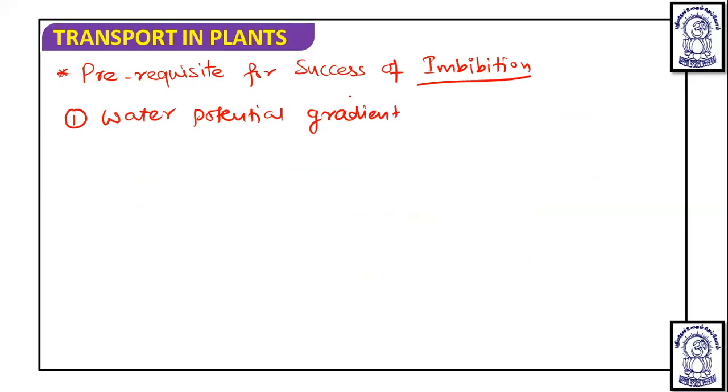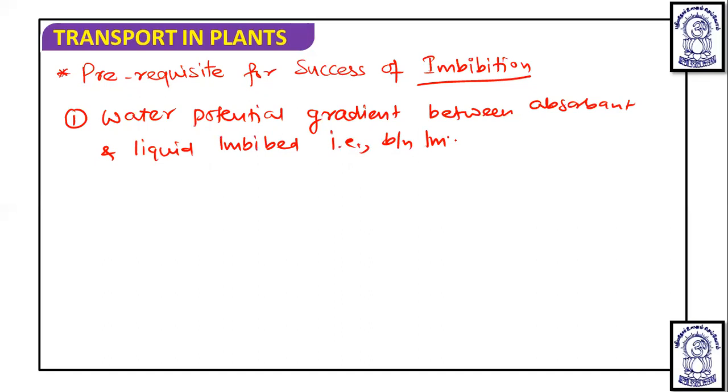Gradient means that one should have a high water potential and one should have a low water potential. So a water potential gradient between the absorbent and the liquid imbibed, that is, between imbibant and imbibate, is essential.